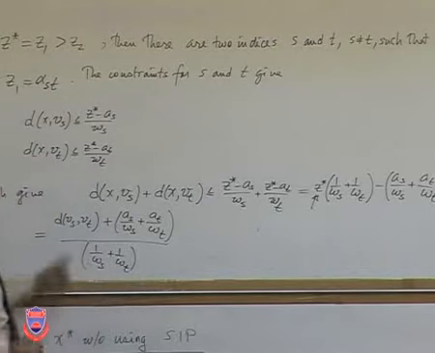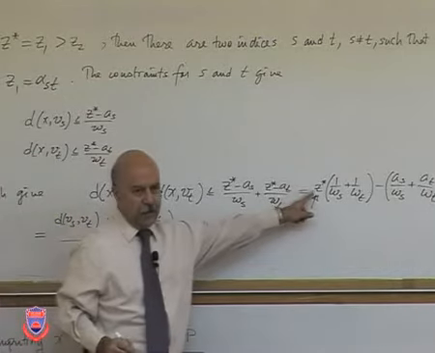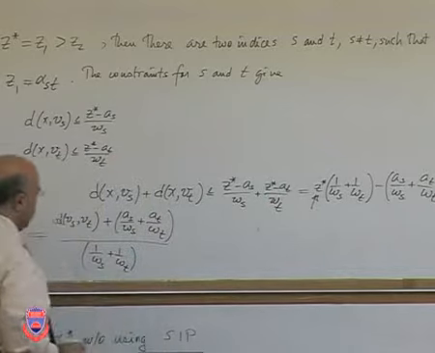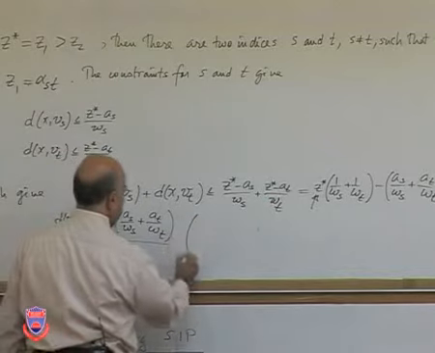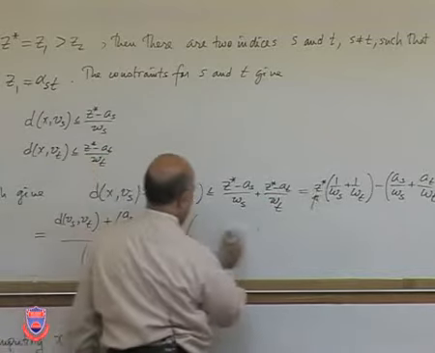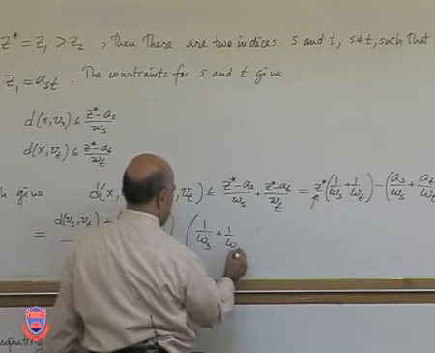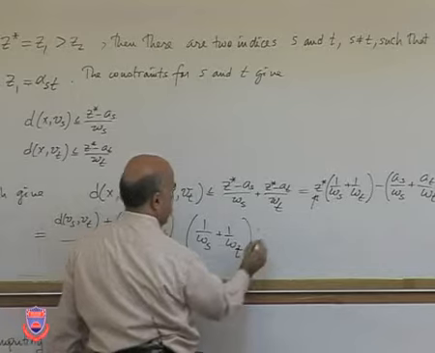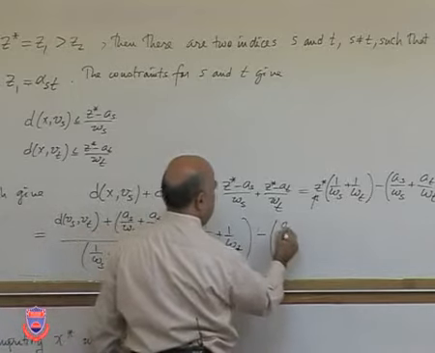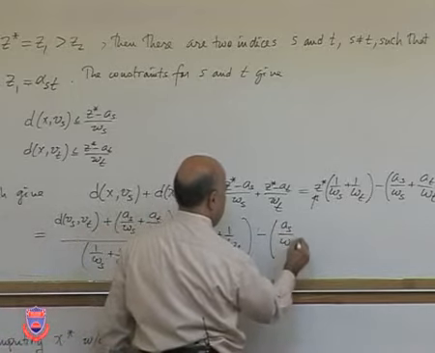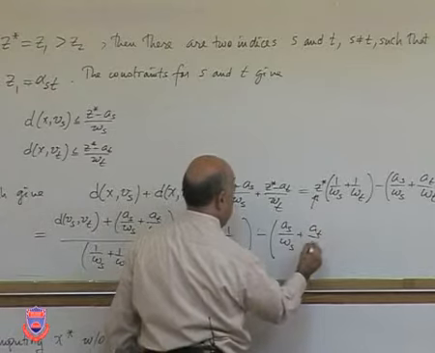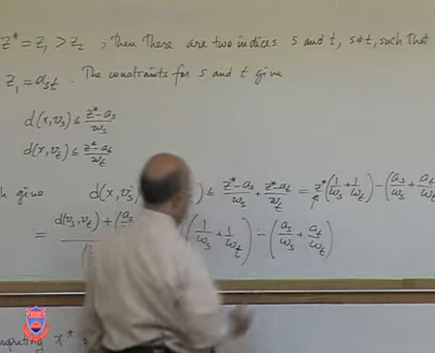The whole thing I wrote here is simply my z star, okay? Times 1 over ws, 1 over wt, minus asws plus atwt divided by wt.